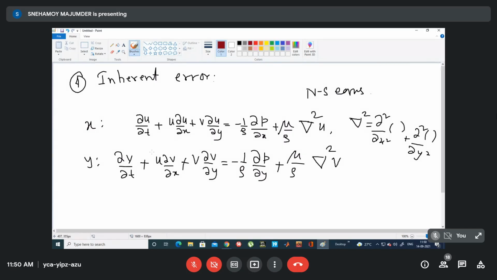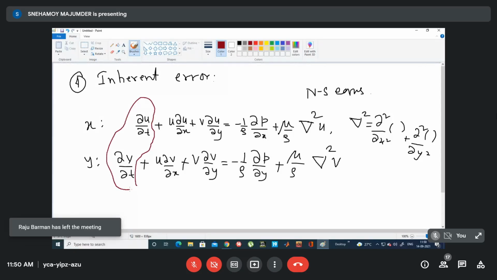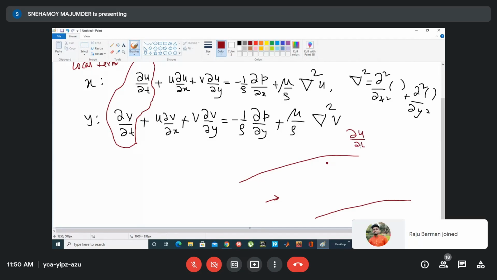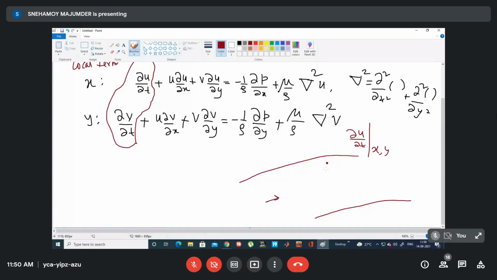Here, this is the local term. That means in a flow field, say there is a flow field with velocity u, at any local point, that is basically del u/del t, x and y are constant. You have the partial derivative of u. So it is local.